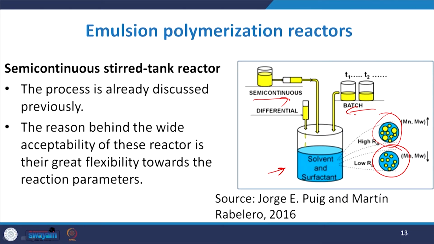You know that we have already discussed the various reaction parameters involved in the emulsion polymerization process. This semi-continuous configuration offers great flexibility with respect to all those parameters, and because of this governing factor, these reactors are a very good candidate for performing the emulsion polymerization process.